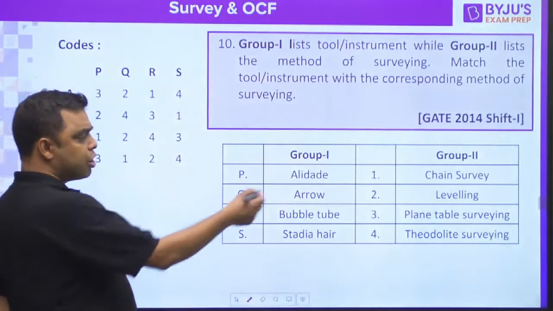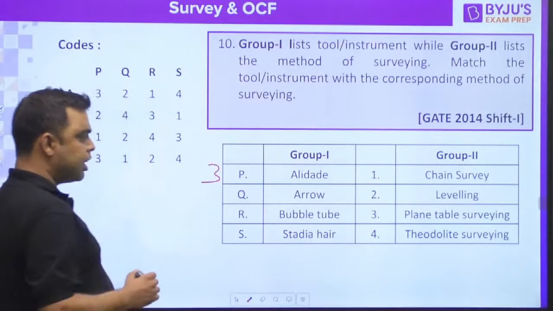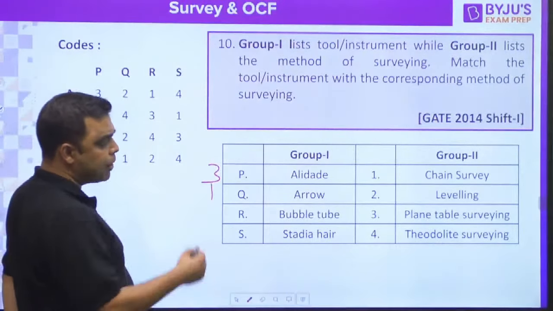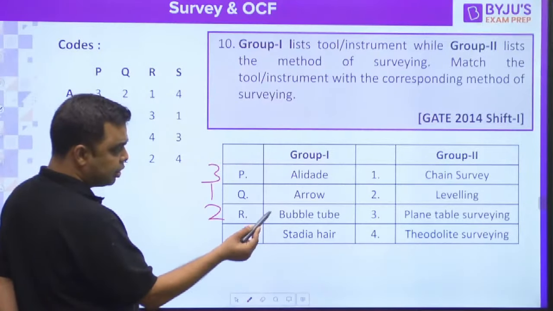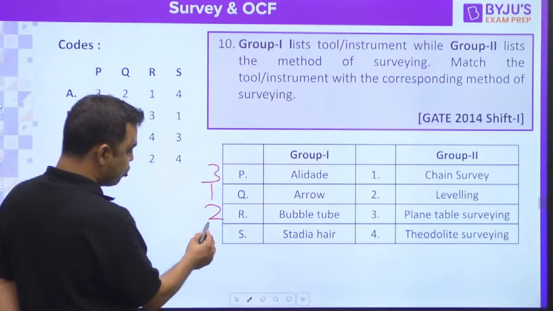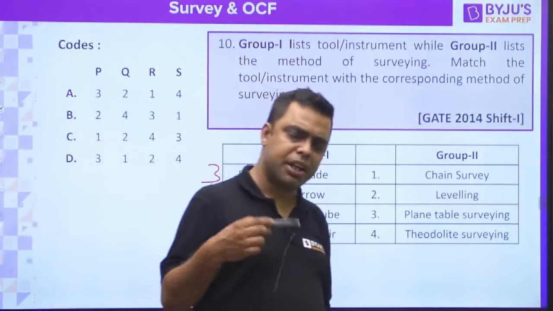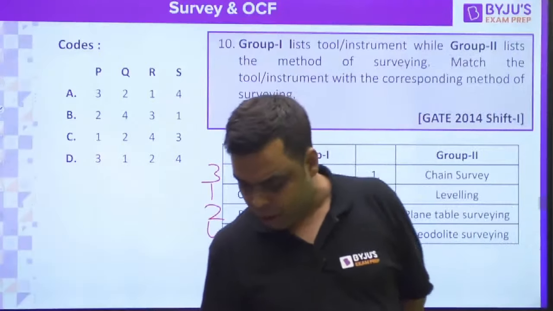Alidade is used in plane table surveying, definitely. 3. Arrow, chain surveying. 1. Bubble tube in leveling, that is 2. Stadia hair in theodolite surveying, so 4. Actually stadia hair is basically in tachymetry, but a few books consider tachymetry as theodolite surveying only.